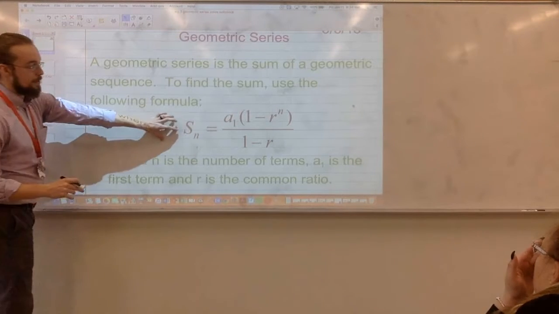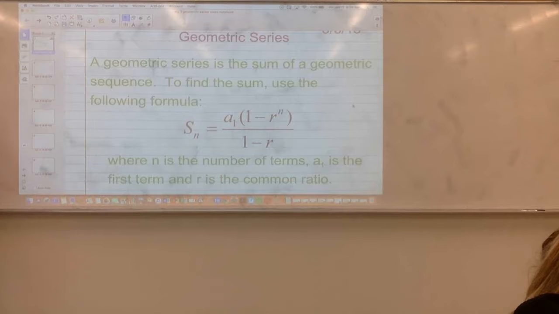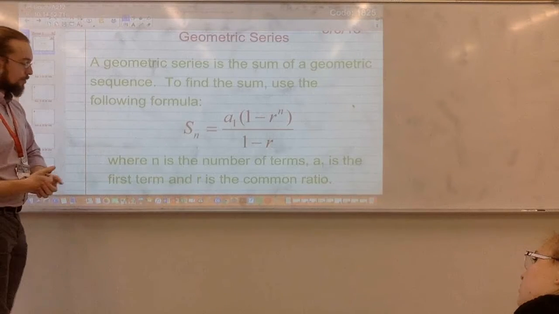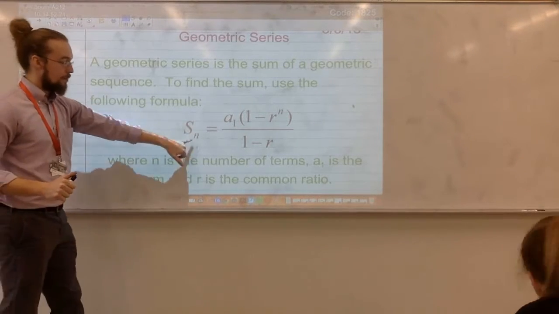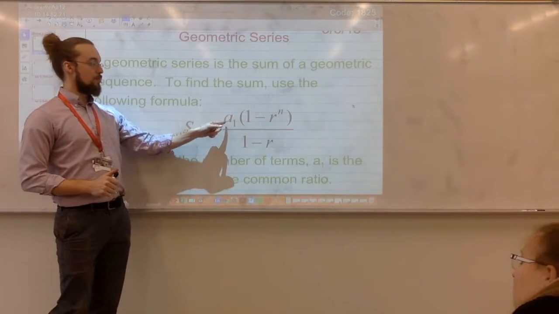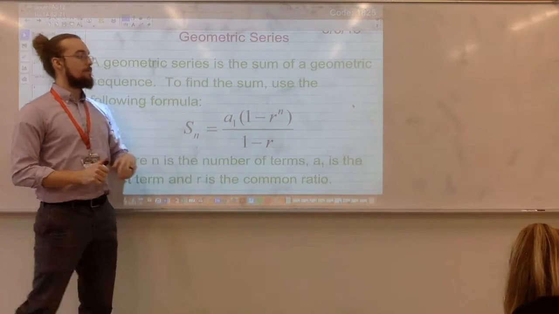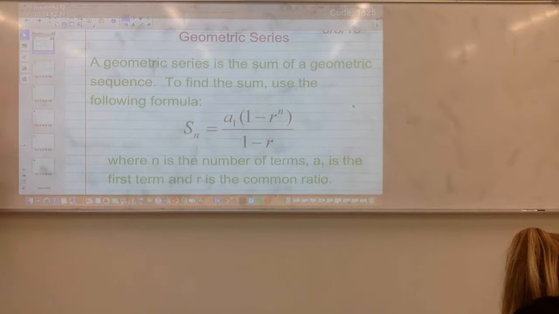Now this is the formula that we are going to use to find that sum. Adding all of the numbers up in a geometric sequence to create a series. So the sum of the first n terms is equal to the first term times 1 minus the common ratio to the nth power over 1 minus the common ratio.